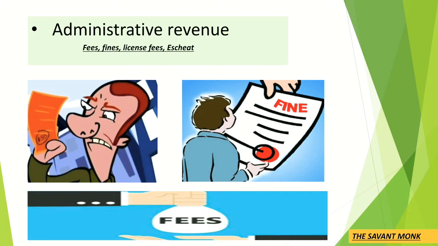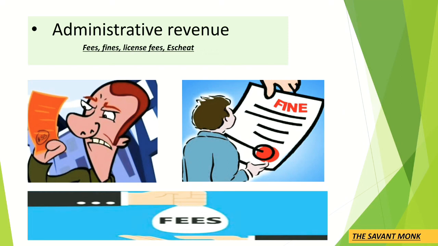Similarly, fines are those payments which are made by lawbreakers to the government. In simple words, it is punishment or penalty for violation of laws. We also pay license fee, which is a payment made to the government to seek permission for something. For example, license fees paid to get a license to drive automobiles, and permission for keeping a gun, etc. Escheat: the properties or estate of a person claimed by the state who dies without a legal heir or without making a will are known as escheat.